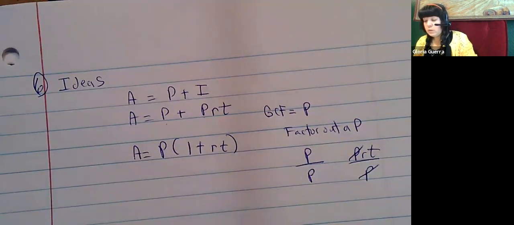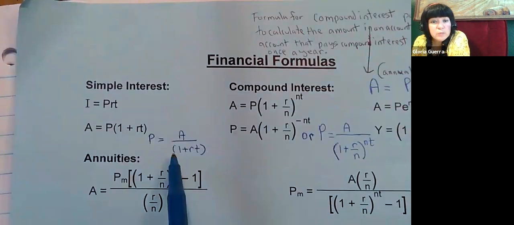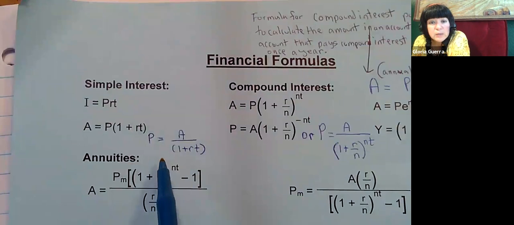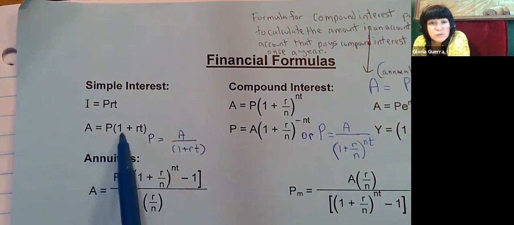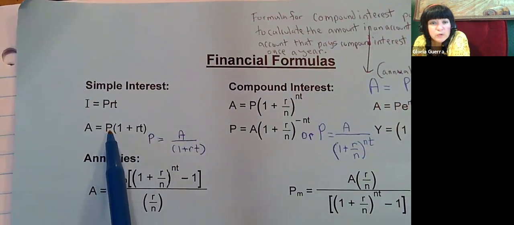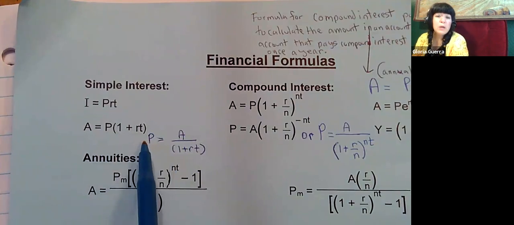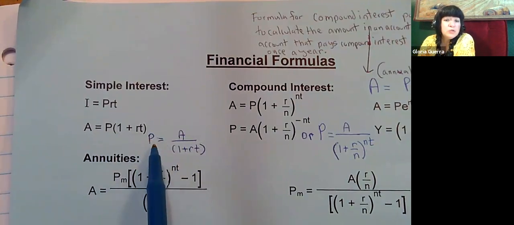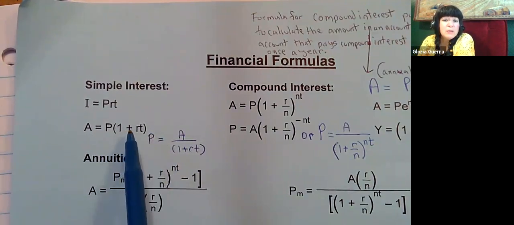The other thing I noticed in your book and your homework problems is that sometimes there was a need to use this formula but solve it for P, the principal. To do that, you would just divide both sides by this quantity.